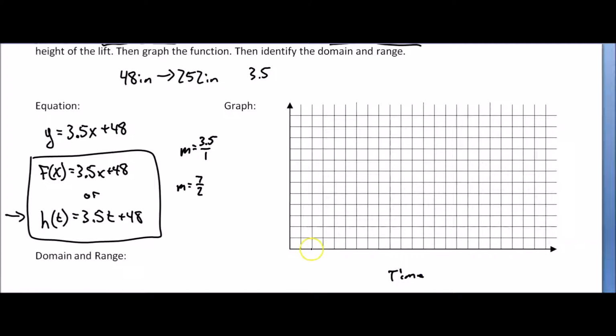I'm actually going to go by 2's on time, so 4. So each block is 2. 8. And part of the reason I'm going by 2's here is because, again, if you think of the slope as 7 over 2, moving by 2's in terms of my blocks is a pretty decent idea.